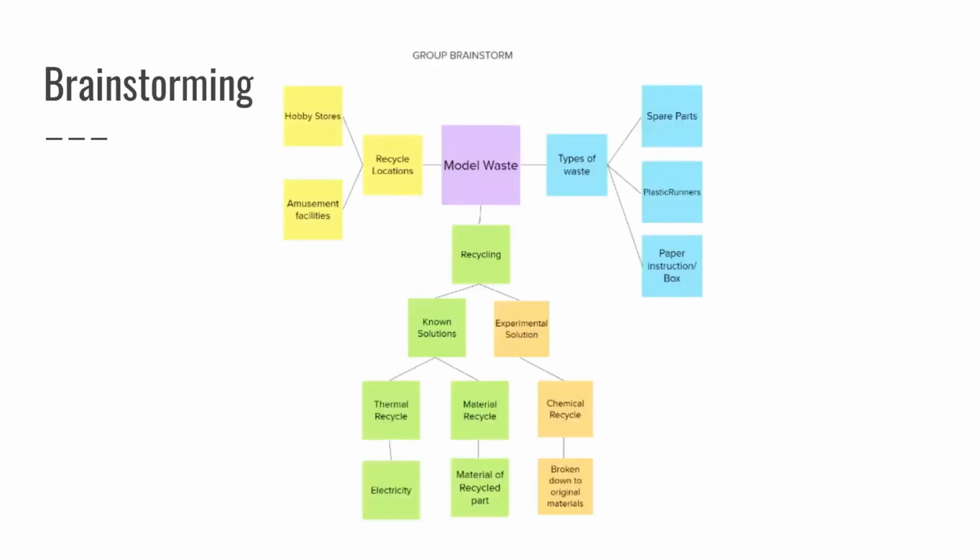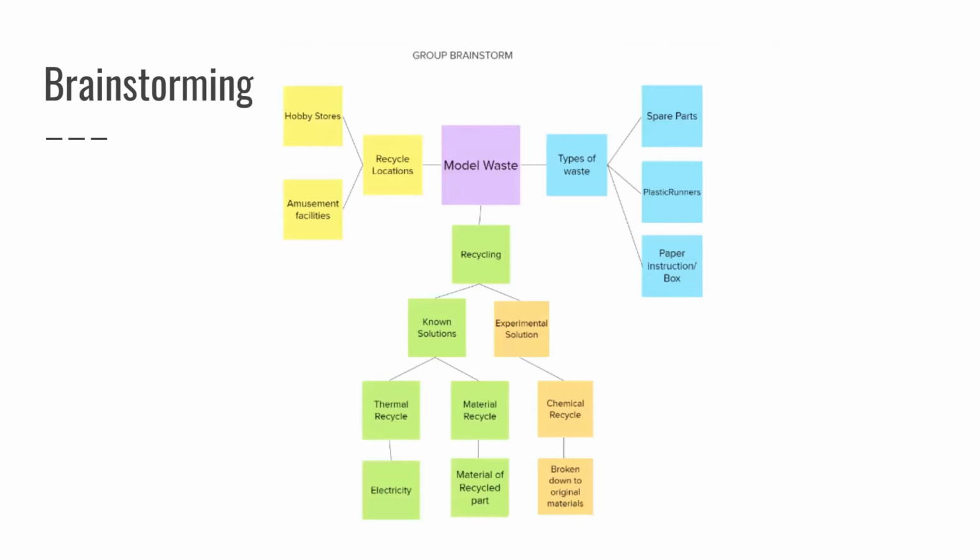Based on this scenario, I created a brainstorming map where I identified the types of waste, recycled locations, and recycling methods. And from that, the most reliable solutions are material recycle and thermal recycle.